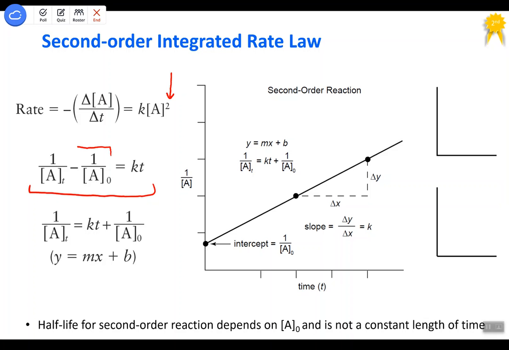I'm going to move that initial concentration over to the other side, and here is my second order integrated rate law. I'm lining it up, again, we've seen this pattern already, to y equals mx plus b. And when I do that, I can see 1 over the concentration of A at a given time is y.